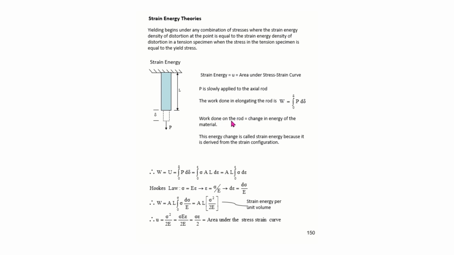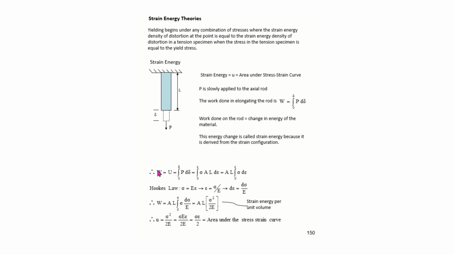And the work done on the rod, this W, is equal to the change in energy of the material. And this energy change is called the strain energy because it is derived from the strain configuration. So the work done here is the strain energy.